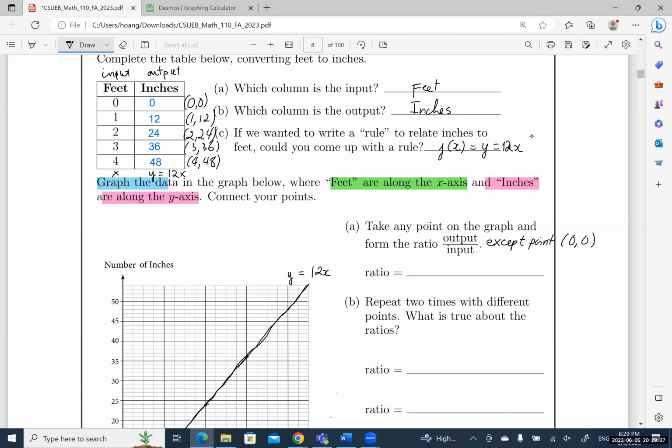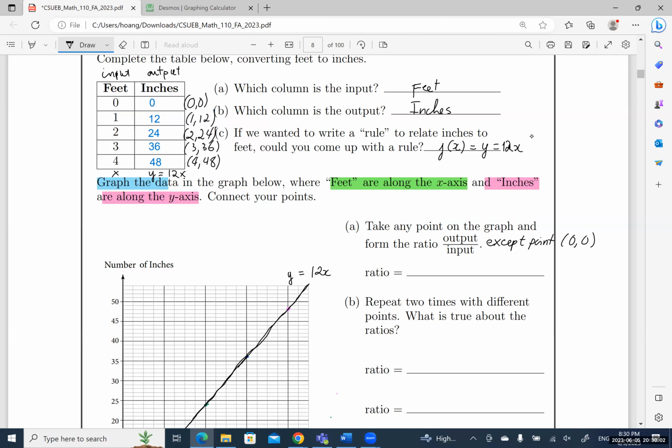The reason is that if you use (0, 0), you put the input, 0, at the bottom, so it's going to be undefined. So don't use that point.